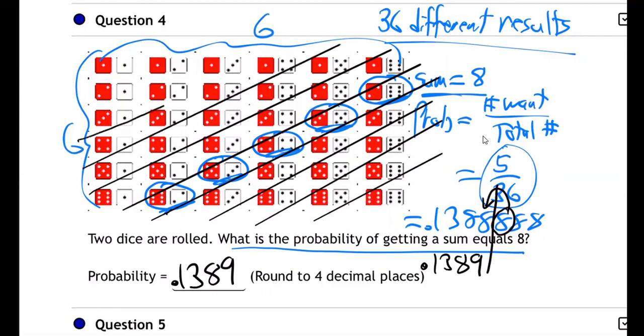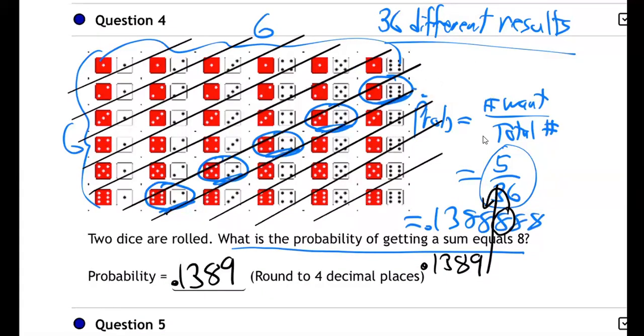And this will make the problem easier for you. Okay, so notice that every one of these rows has its own specific sum.